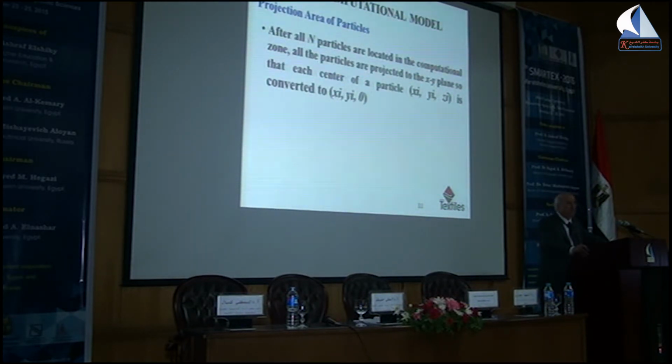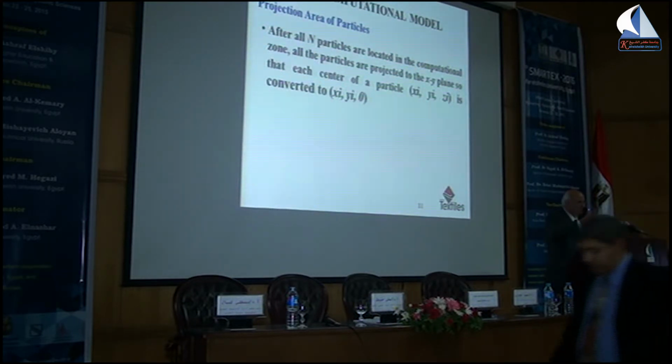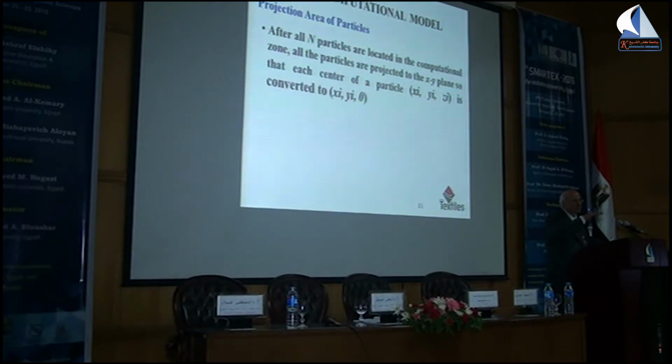Okay. The projection area here, we have fibers in space, a 3D shape, you have thickness and width and length. But we look at it like if a ray comes to the film, it is going to face all the particles. So we thought we could take all the particles and project them on the XY plane.